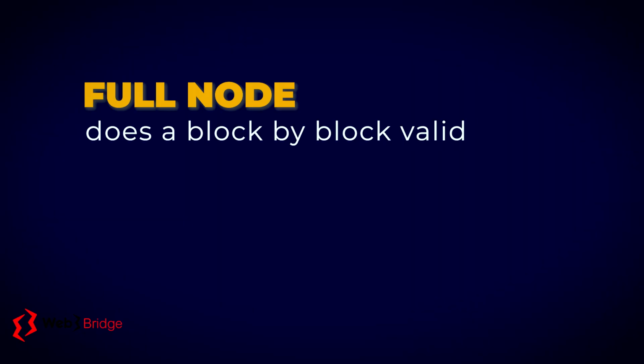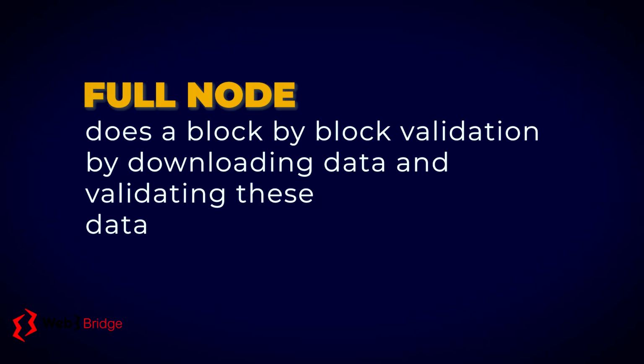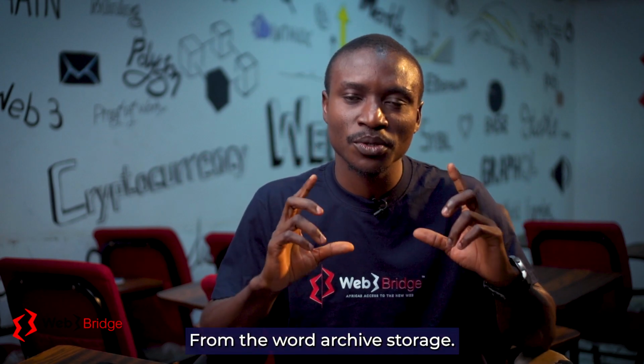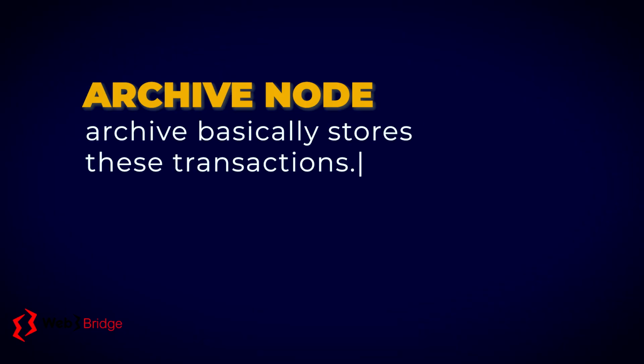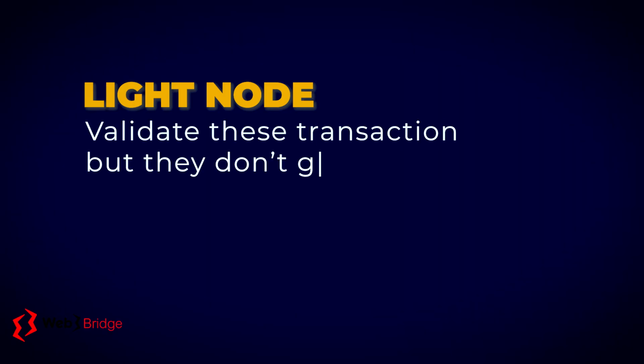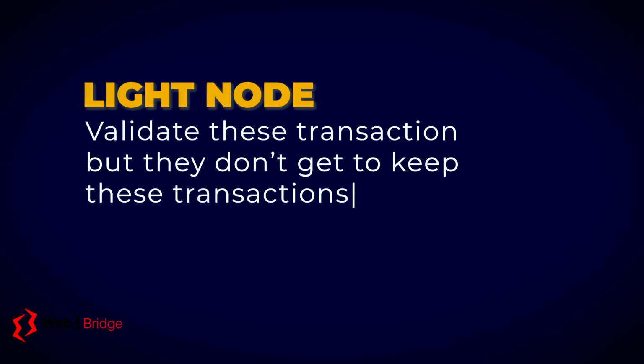So a full node does block by block validation by downloading data and validating this data, while an archive node, from the word archive, is about storage. Archive nodes store these transactions. Then the light nodes also validate these transactions, but they don't get to keep these transactions.